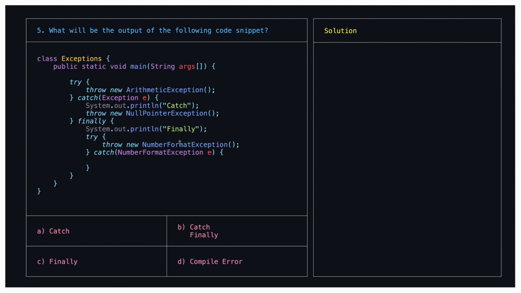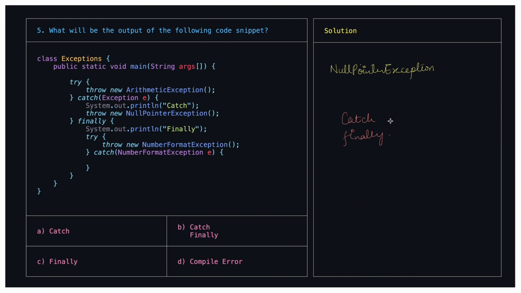That means in this question also, the last number format exception is being handled by this catch block, but the last unhandled exception is the null pointer exception in this case. So the exception thrown will be the null pointer exception, right? But the output will be the same as the previous one, which is catch and finally.